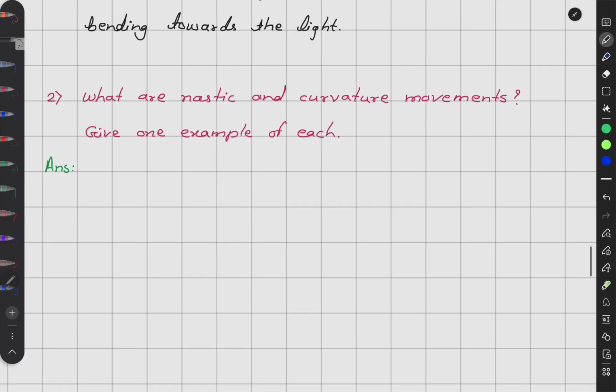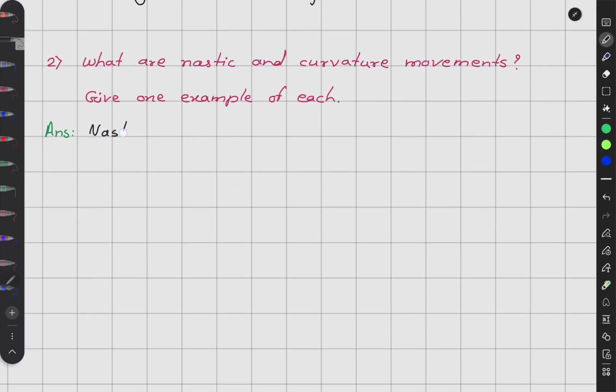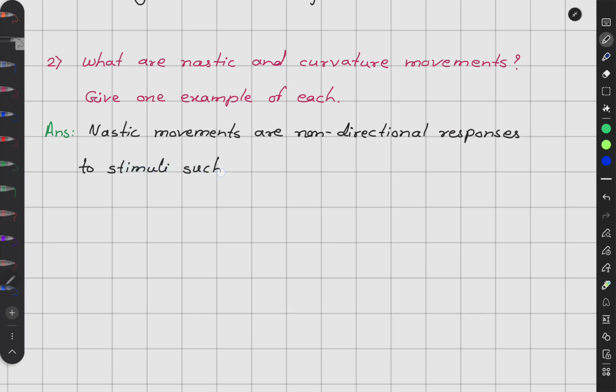The answer is: nastic movements are non-directional responses to stimuli such as touch, temperature, or light.